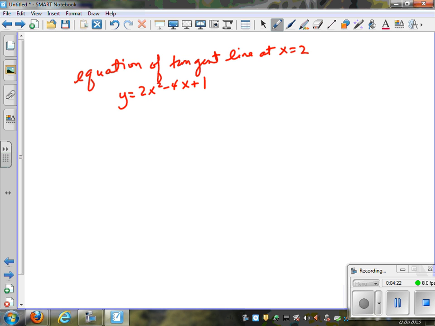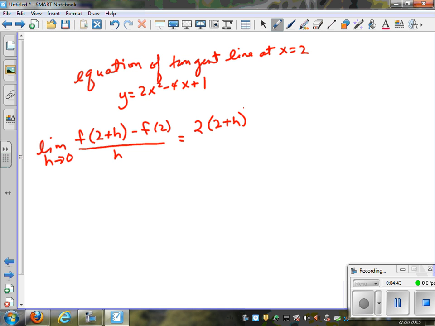So f of 2 plus h over h, and we're going to take the limit as h goes to 0. So, okay, 2 times (2 plus h) squared minus 4 times (2 plus h) plus 1.